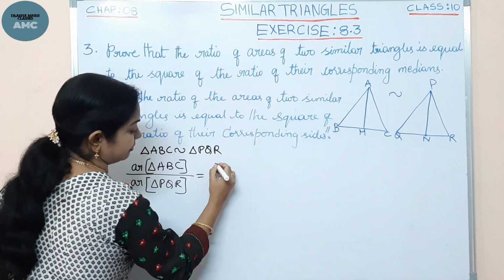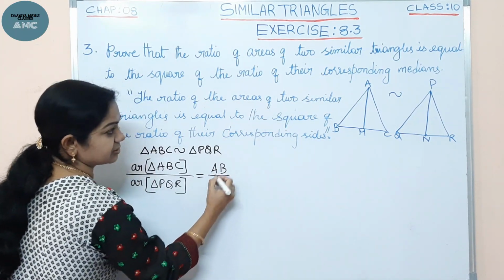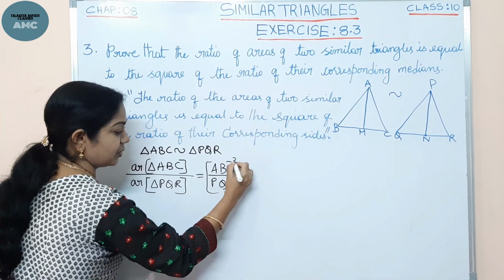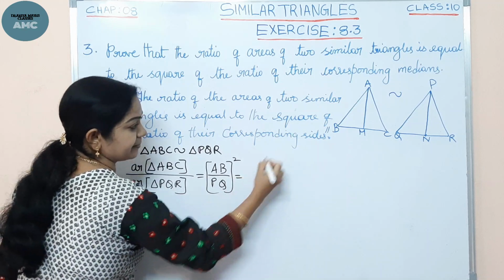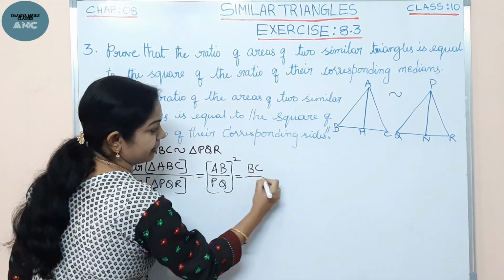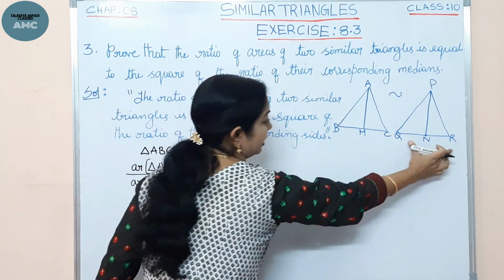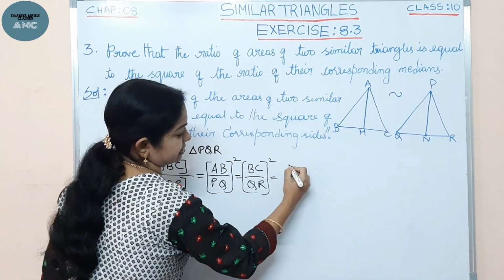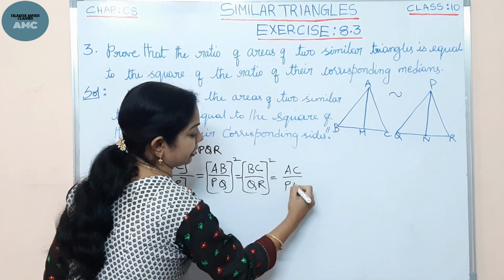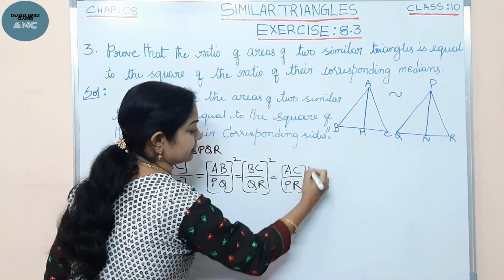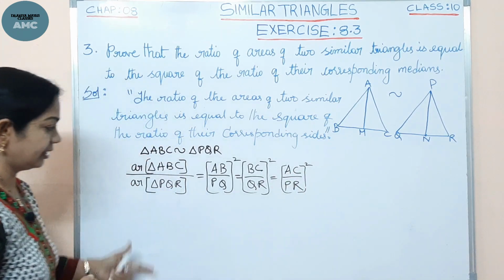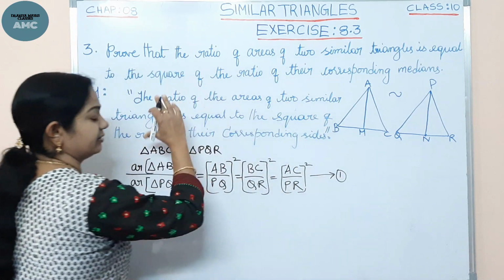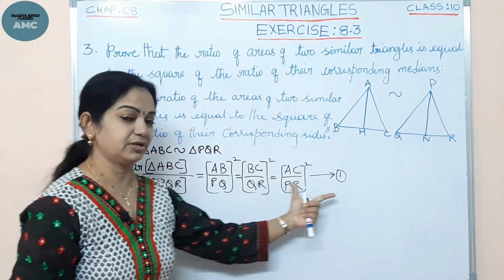AB by PQ whole square, likewise the other side BC by QR, corresponding sides square, is equal to AC by PR whole square. This is the proven theorem statement. Let me suppose this as equation 1.